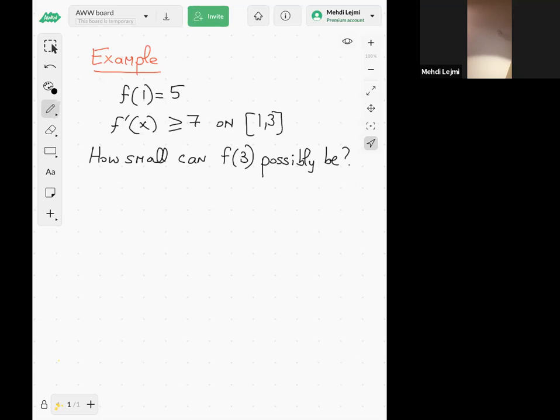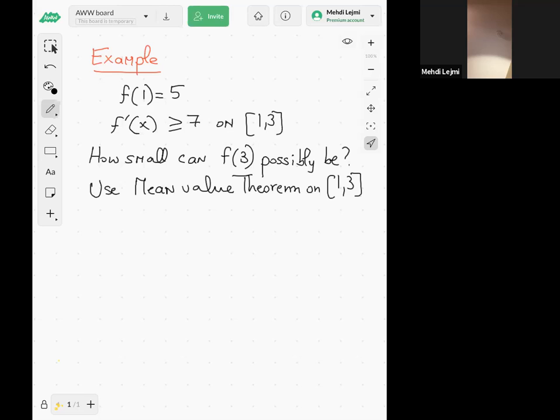All right. So we said we're going to use, of course, the mean value theorem on this interval 1, 3. Okay. So what does it say? What's the conclusion of the mean value theorem?